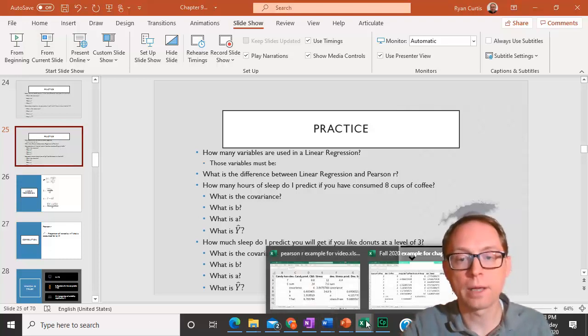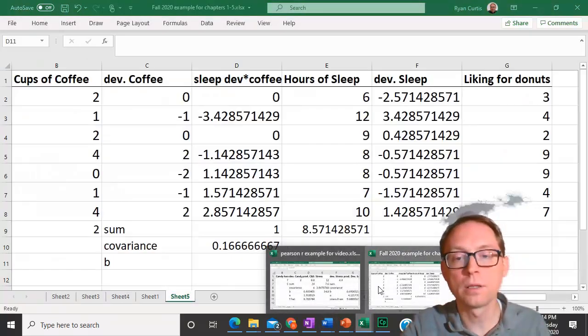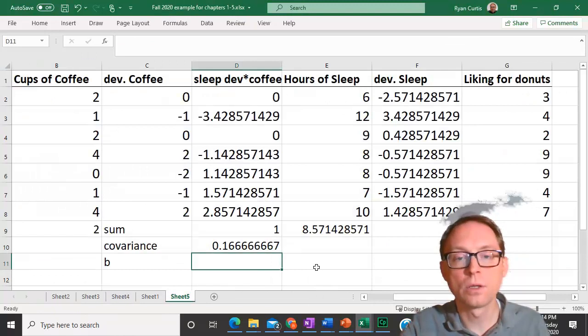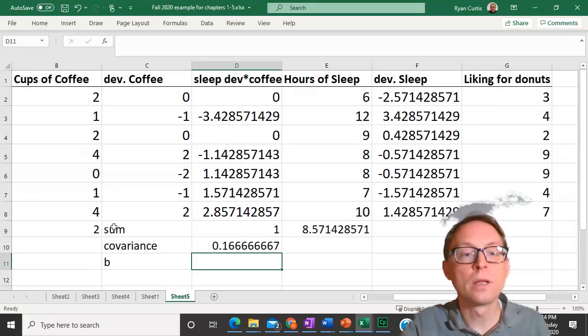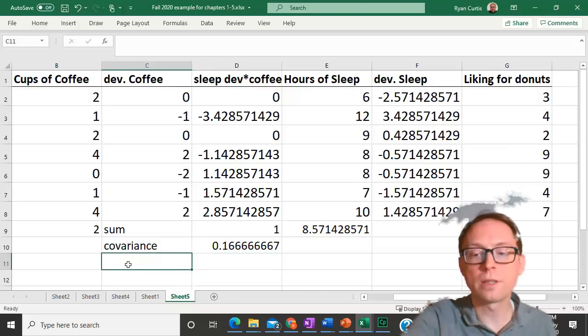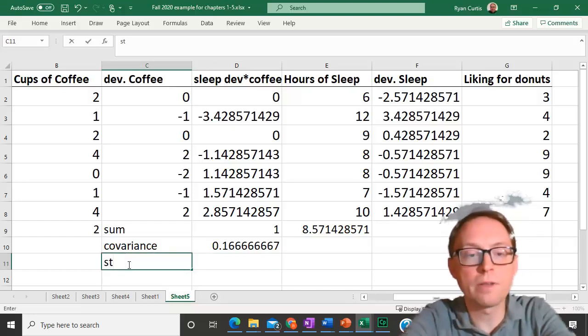Okay, so we need to get the standard deviation of x. Let's go ahead and do that before we actually get the b. So this is going to be the standard deviation of coffee.